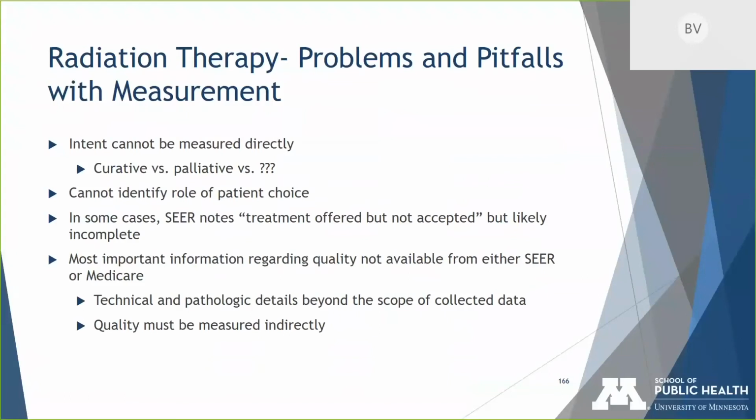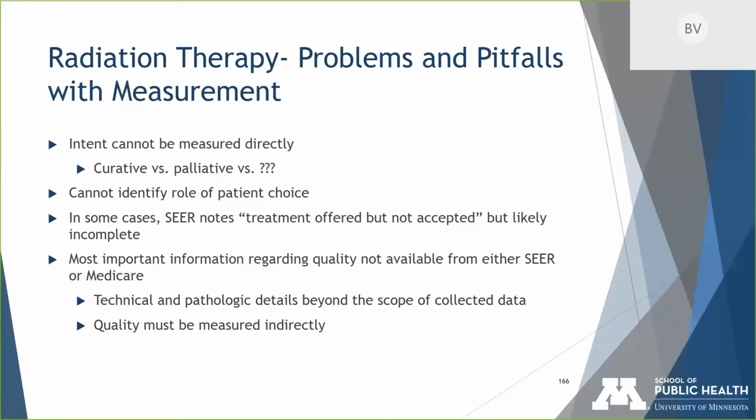You also cannot identify the role of patient choice and whether or not a patient decided to end therapy early. There is some information within SEER that notes that treatment was offered but not accepted. However, this is likely incomplete and may potentially conflict with information that you would find within the Medicare claims.